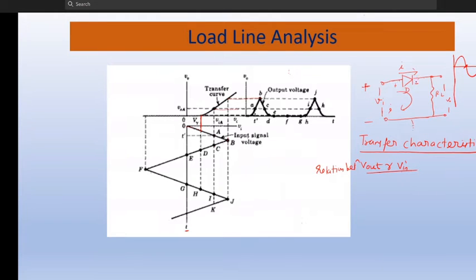So this diode will conduct. But during the negative half of the cycle, there is no conduction. The diode will get reverse biased and it will not give any output. So that is why it is shown like this. And then once again there is an input signal, so you will get this maximum this way.